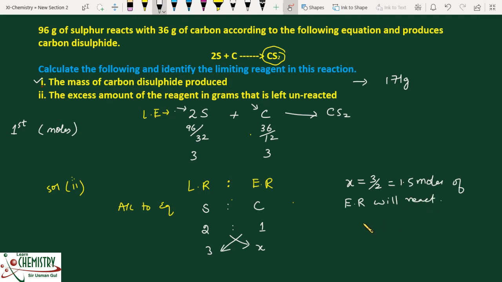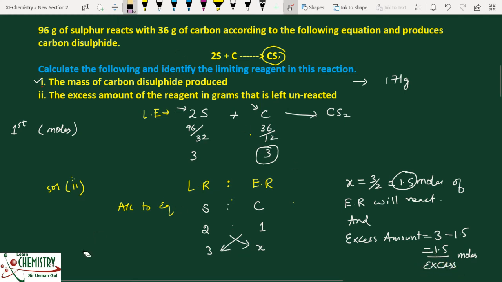That is the amount of the excess reactant that will react. The excess amount which is left, how will we calculate it? We will just subtract 1.5 from 3, so that is 1.5 moles. So right now I have calculated 1.5 moles of the excess amount of the excess reactant, that is the carbon.